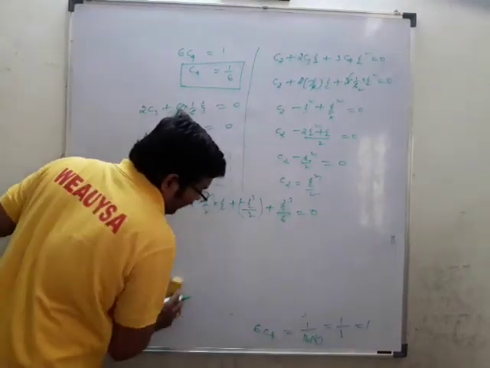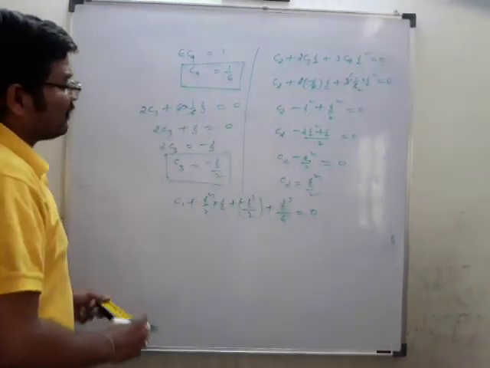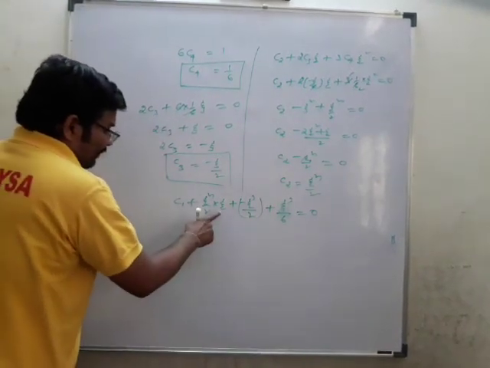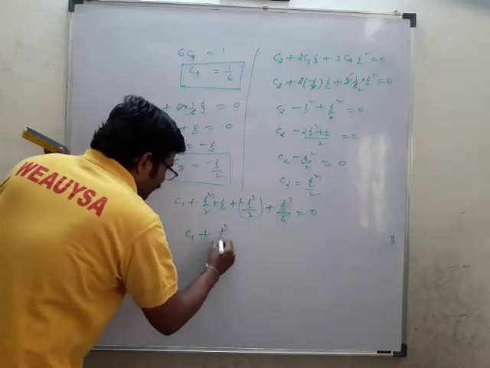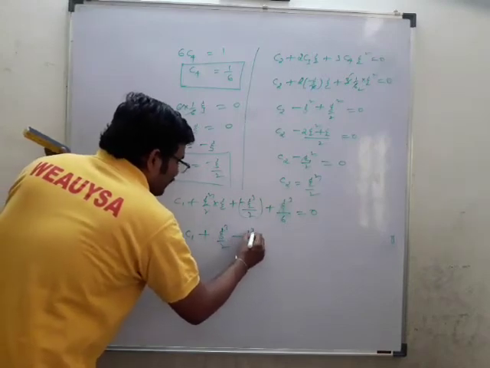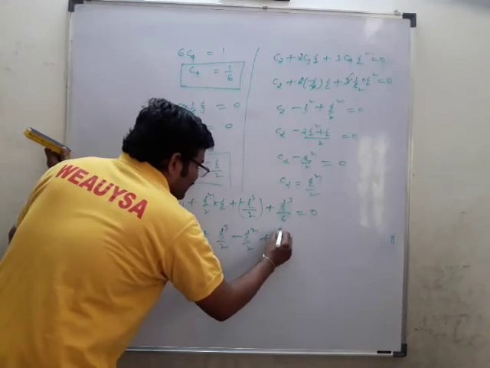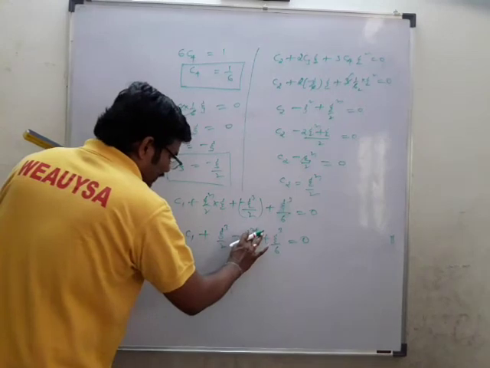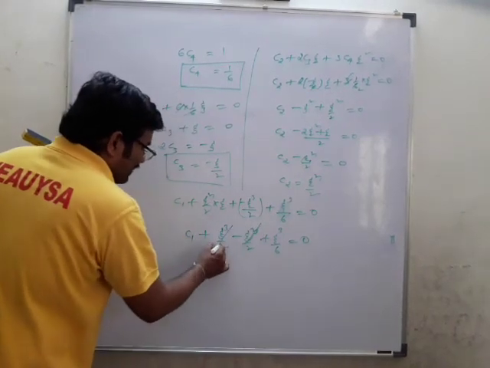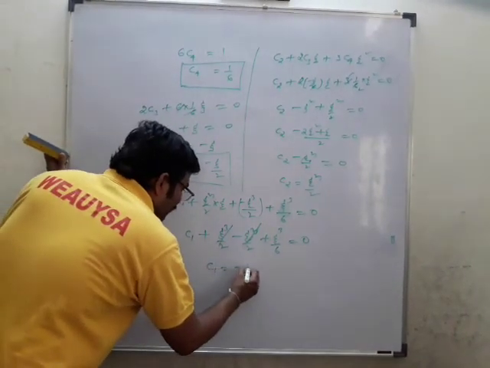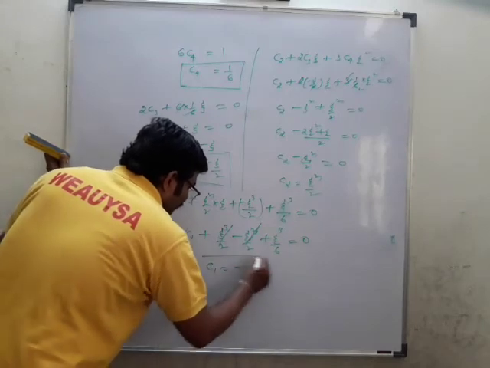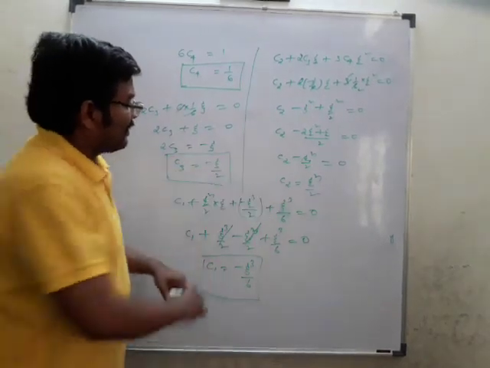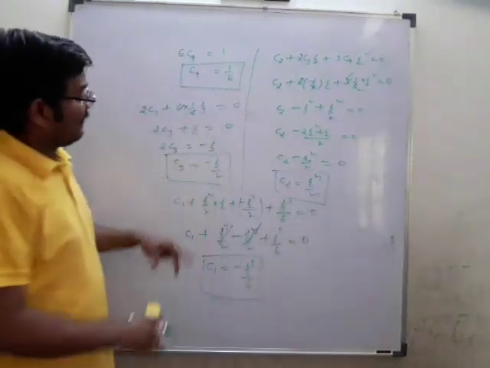Now we are finding all the values. We got C2, C3 and C4, and now C1. C1 plus xi cube by 2 minus xi square by 2 plus xi cube by 6 equal to 0. These two get cancelled, and you will get C1 equal to minus xi cube by 6. Now you have all the values: C1, C2, C3 and C4.